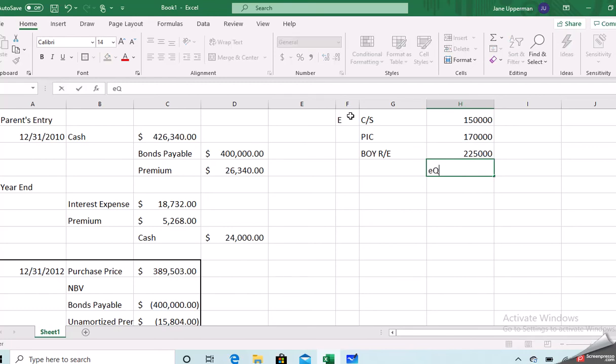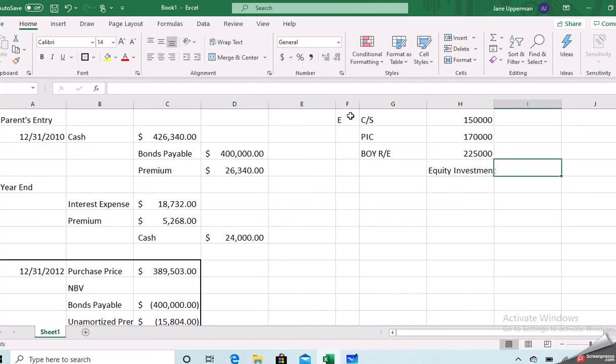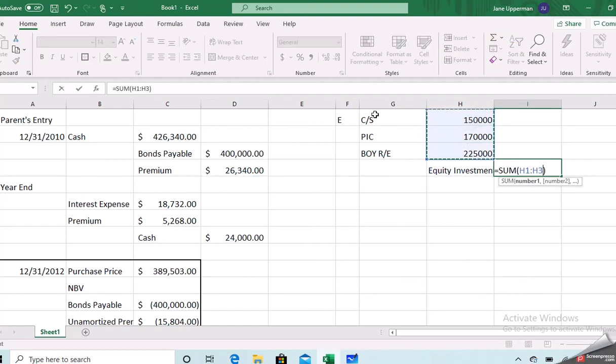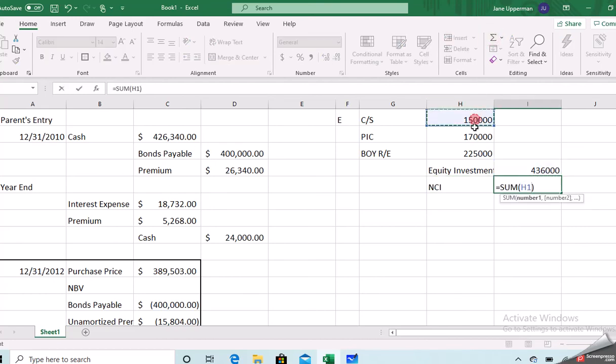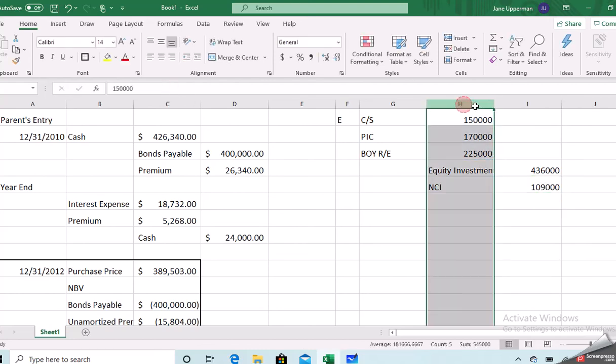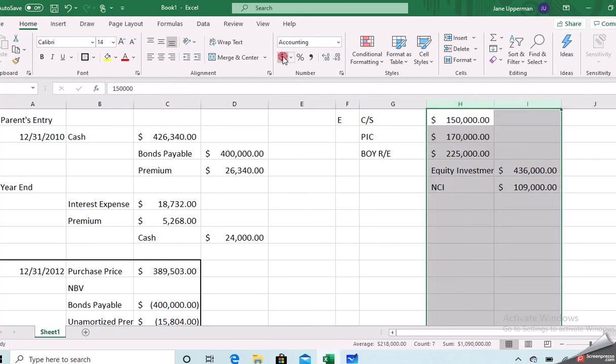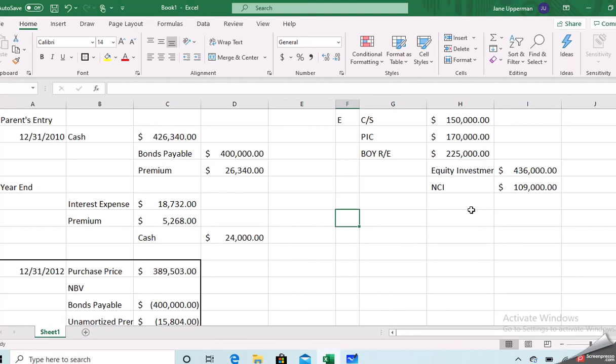And then my credit goes to the equity investment at 80%. So 436,000 is what that is. Or you could do it more mathematically: sum these and then multiply that times 80%. Then the remaining 20% goes to the NCI, and again, sum these and multiply that times 20%. And let me make these in dollars and cents. Okay, so that's your E entry.